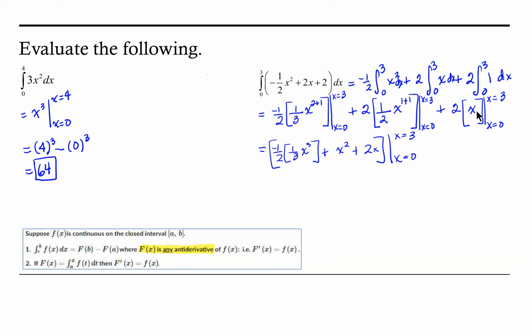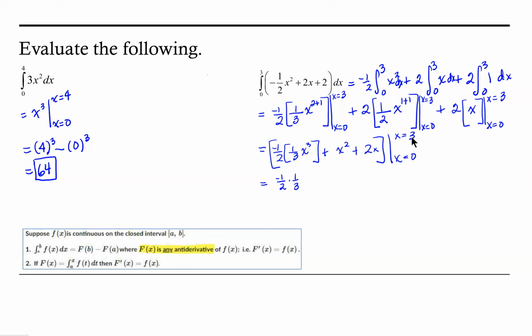So we're going to substitute into our antiderivative x equals 3 first. So -1/2 times 1/3, I'm going to actually leave that as -1/2 times 1/3.